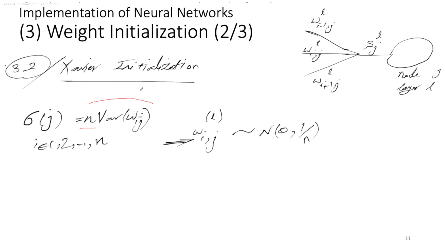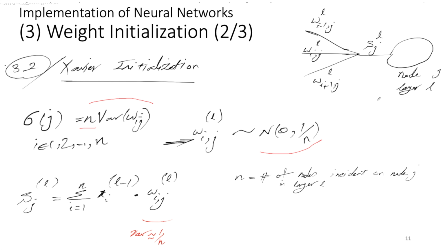So Xavier initialization generates a sample from a normal distribution with mean 0 and variance 1 over n for your w's. It's a very smart trick, because this n is actually the number of nodes incident on node j in layer L. So you generate your data distribution from this sample.